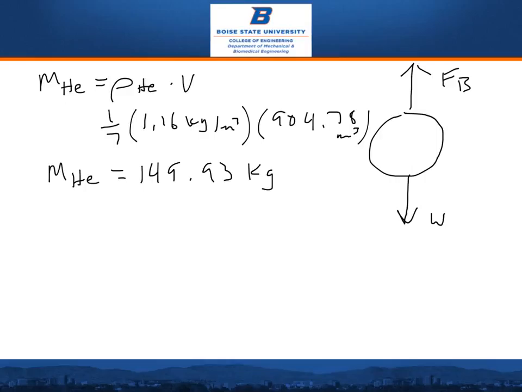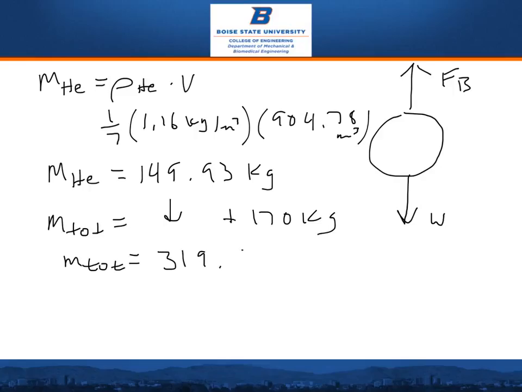That's the total mass of the helium, excuse me. So now we know the total mass of both the people and the helium is 149.93 plus 170 kilograms. So the total mass is equal to 319.93 kilograms.